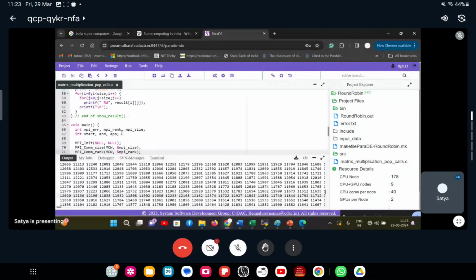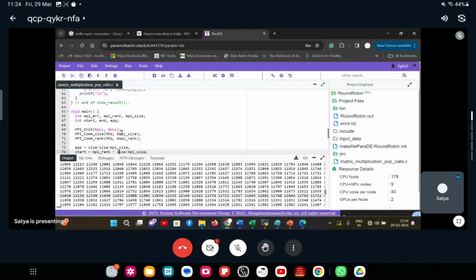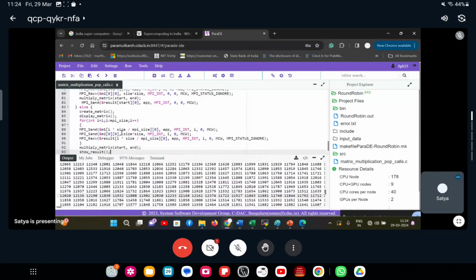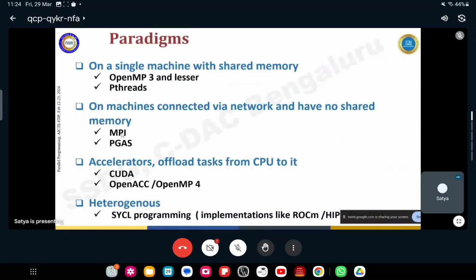Initially, based on the size of the matrix, I would like to define the number of nodes, and based on the nodes, everything runs in parallel to get these outputs. So these are the programming things.